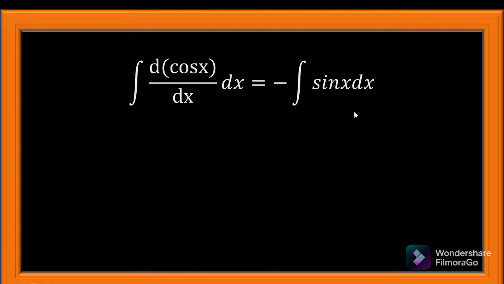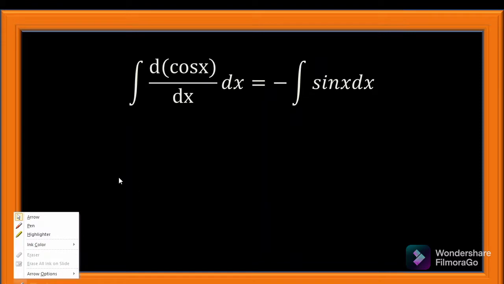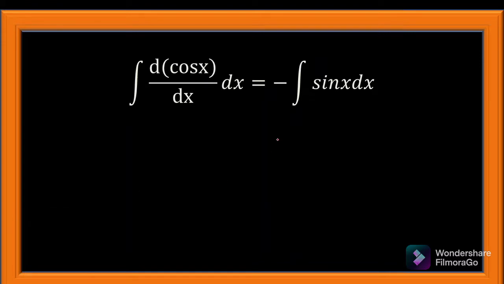Now, from this point, you realize I have kept a negative on the right hand side outside of the integral sign, because this negative represents a negative 1, which is silent there. So that negative can be kept out, so that now when we integrate this, like we said earlier on, when you integrate the derivative with respect to x of cos x, you expect to come up with cos x as your answer.